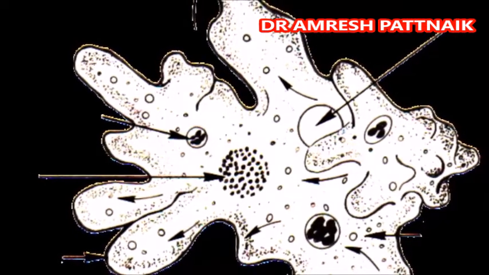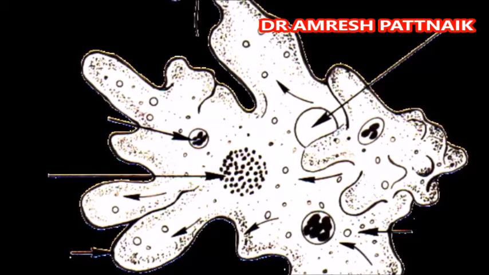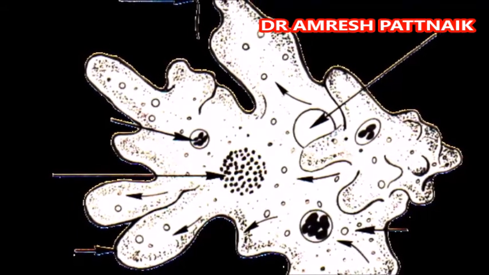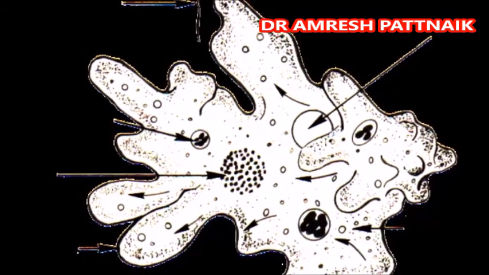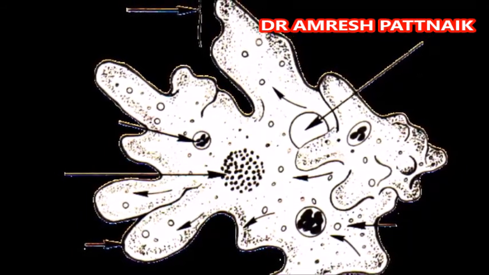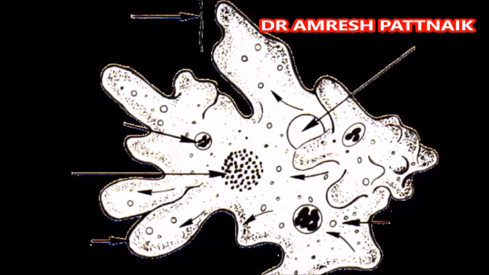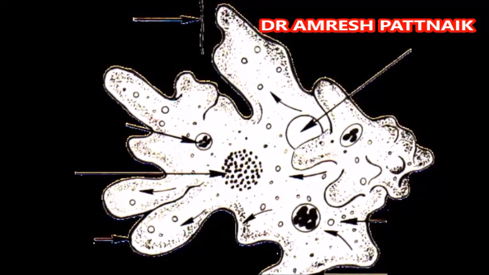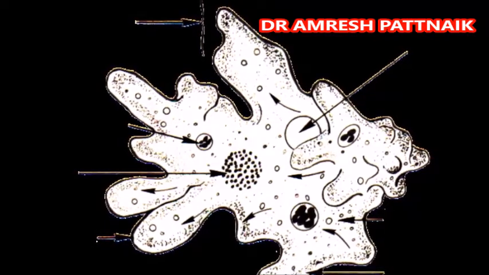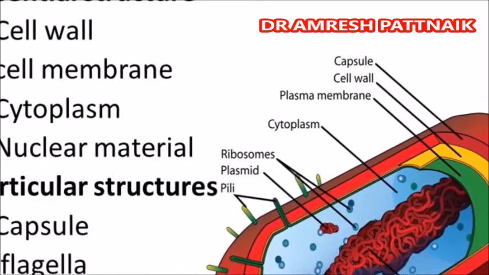The water vacuole reserves water and regulates water composition. The food vacuole contains food, and the contractile vacuole helps regulate the water content of the body.